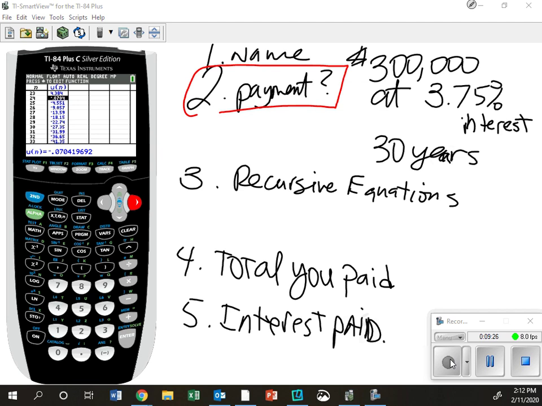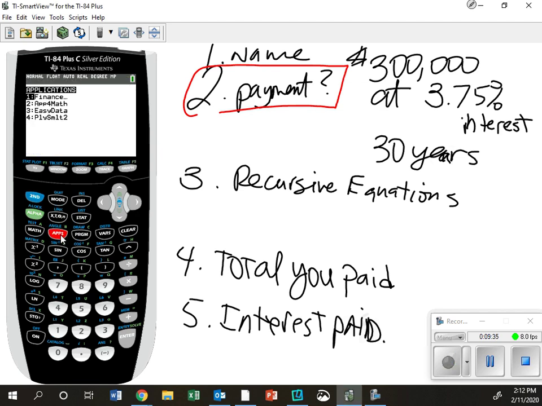All right, anyway. So, number 2, the payment, you would have gone to the TVM solver, and you would have put in years, 30, but can't just put in 30, go 30 times 12. And then the interest rate we were doing was 3.75, and then the present value was a loan of $300,000. Some people ask, why isn't that negative?